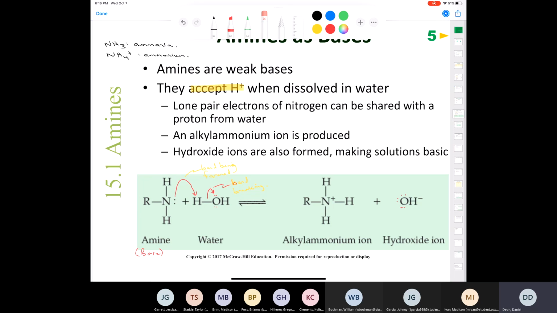So if we replace one of the hydrogens in ammonium, and I can draw the Lewis structure of the ammonium ion right here, with an R group, and that R group is an alkyl group, then we call it an alkyl ammonium ion. Again, the reason that amines are basic is because when you put them in water, they produce hydroxide, and hydroxide is a base.